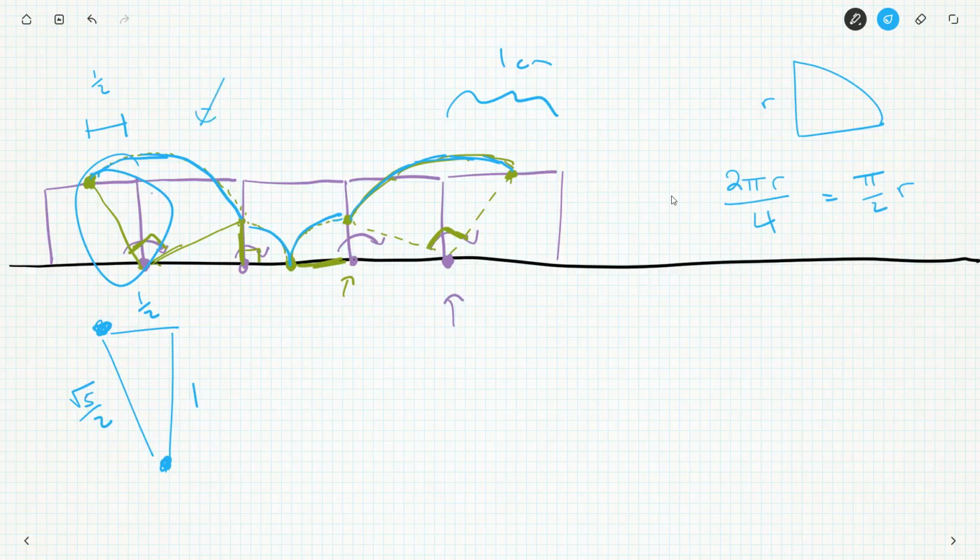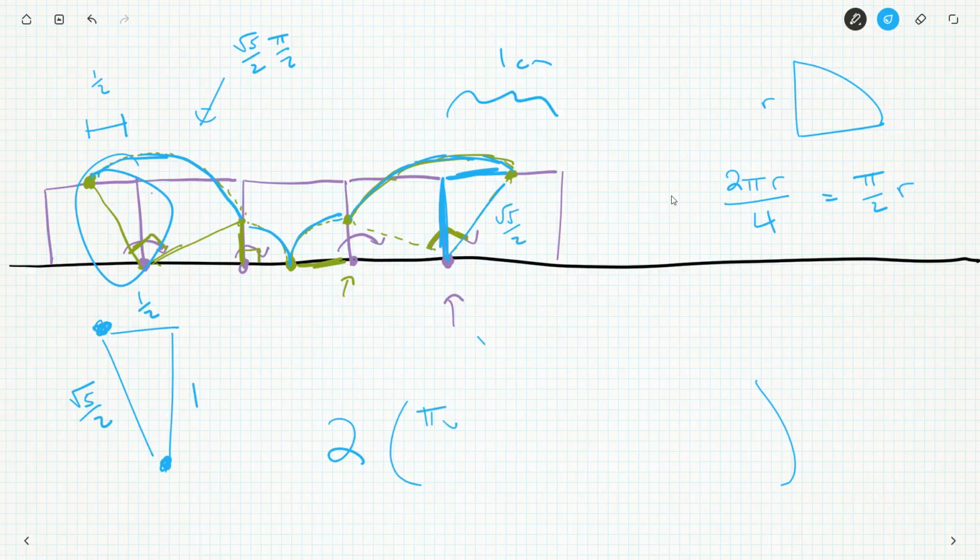So for this first distance that is traveled, the radius is root 5 over 2. So it'll be root 5 over 2 times pi over 2. Okay? And it'll be the same distance here because it's still a half and then a full centimeter. So it's still root 5 over 2 here. So we have 2 copies of that, and there'll be 2 copies of both things.